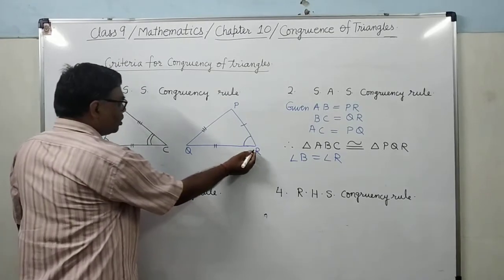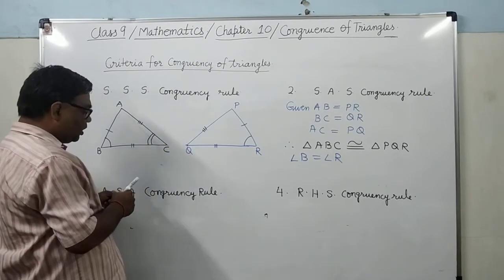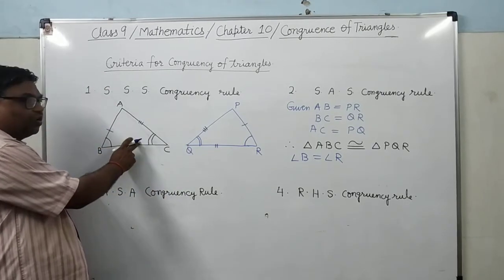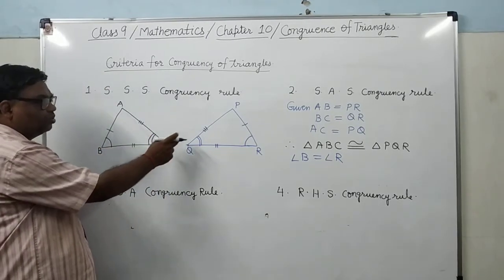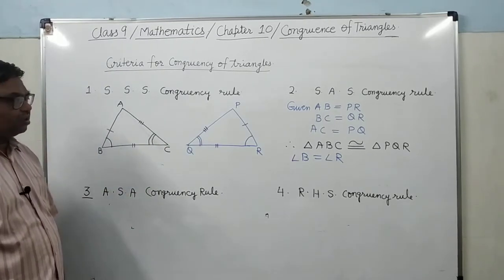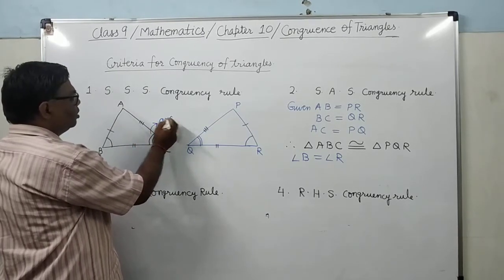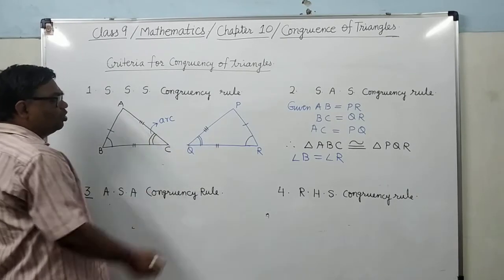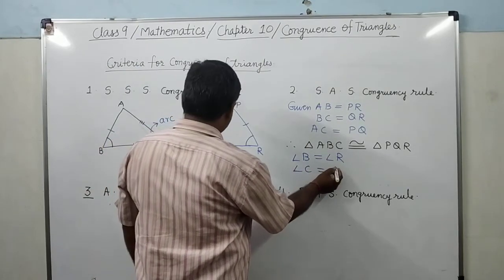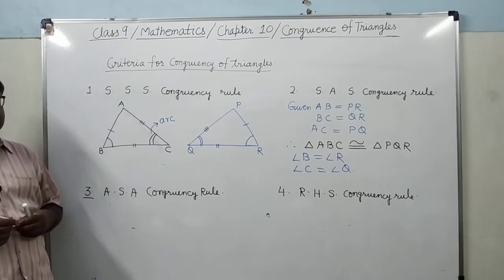QR and PQ are intersecting at Q, so it will be equal to this angle. Here we have denoted by double arcs, so here also you will denote by double arcs. So you can write angle C is equal to angle Q. These are the corresponding angles.